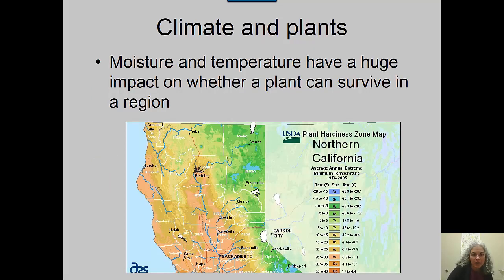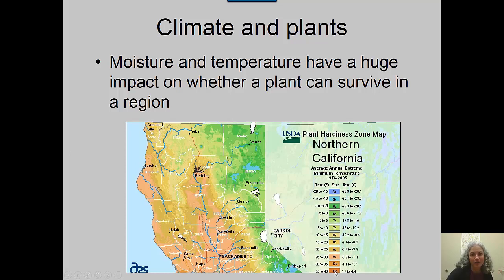Next, I want to make the point that climate matters to plants. So both moisture and temperature have a huge impact on whether a plant can survive in a particular region. And the example that I have for you on this slide relates to the plant hardiness zone. So the USDA will label seeds that you buy with one of these codes, 5A to 10B.